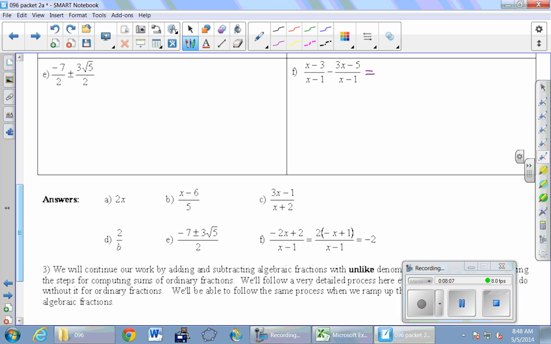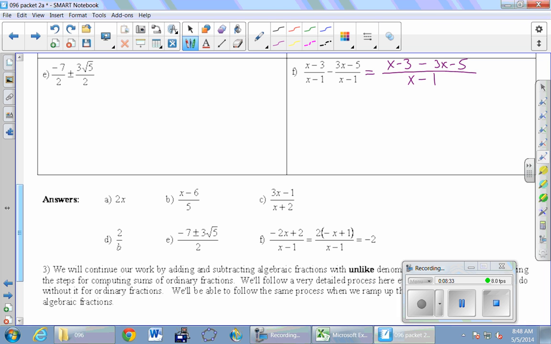So the new denominator is going to be x minus 1. And then we'll take our numerators and put them here under one fraction, copying them just like they are. What symbol goes between? Subtraction, because this was a subtraction of two fractions.